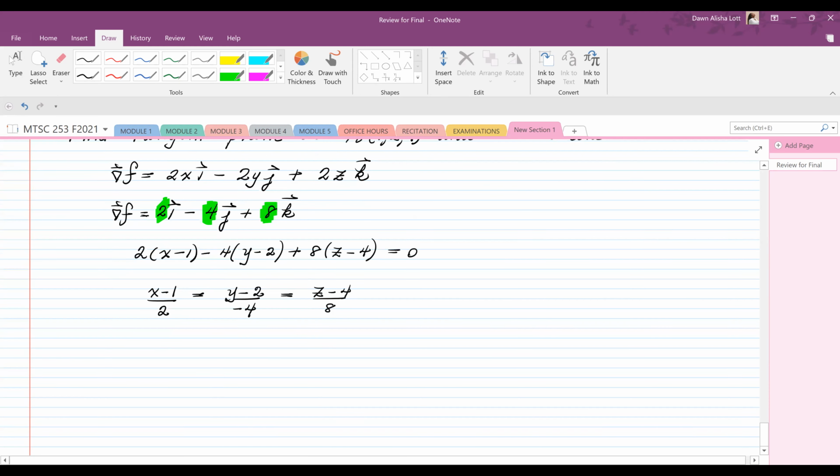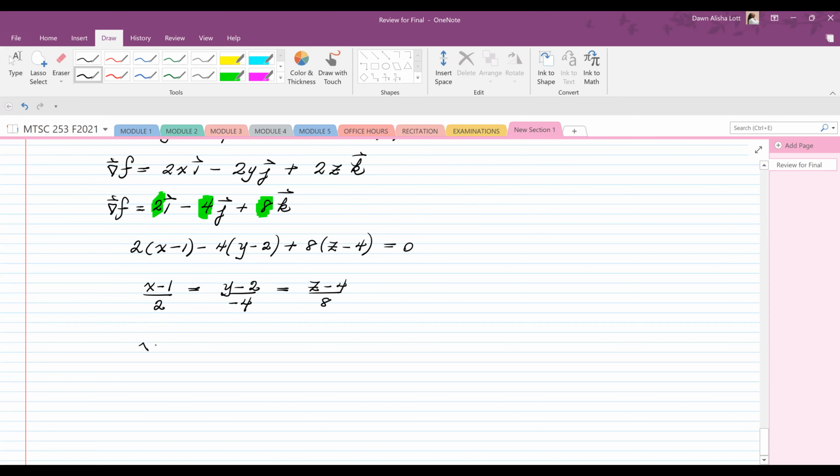So that is x is equal to 1 plus 2t. y is equal to 2 minus 4t, and z is equal to 4 plus 8t.